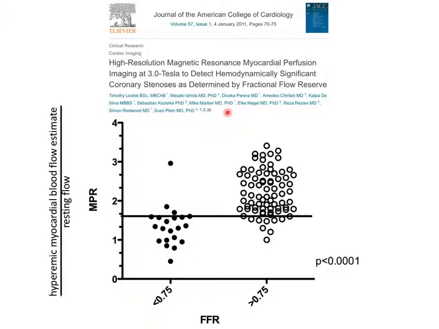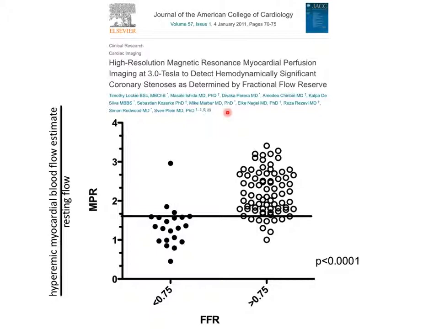You measure the pressure in the root of the aorta or in the proximal location in the vessel. You push that pressure catheter across the lesion and you measure the pressure distal to the lesion. And you do that when you inject adenosine. So you stress the patient. And then you look at the difference in pressure across the lesion.